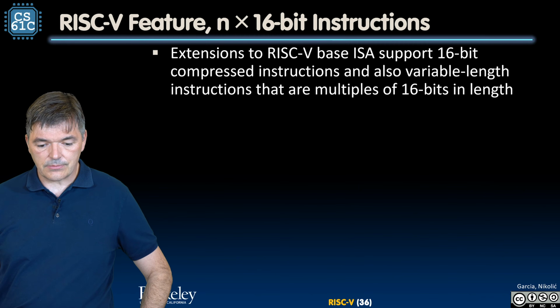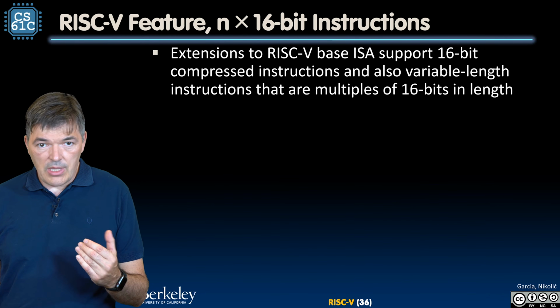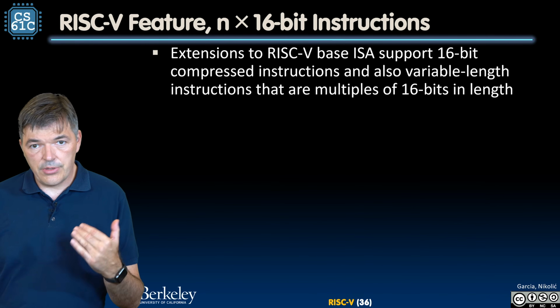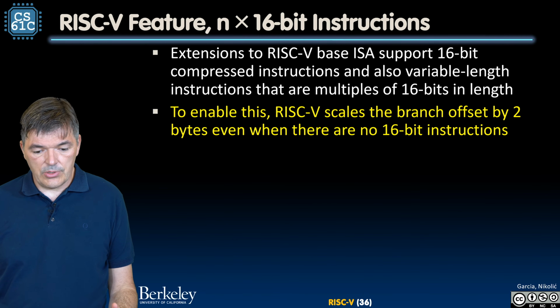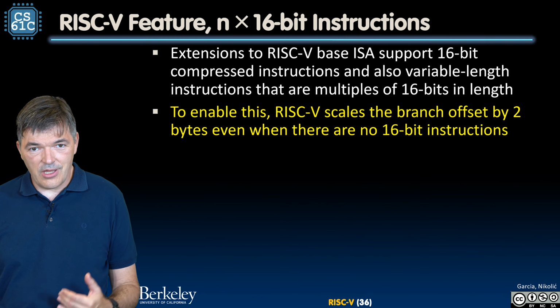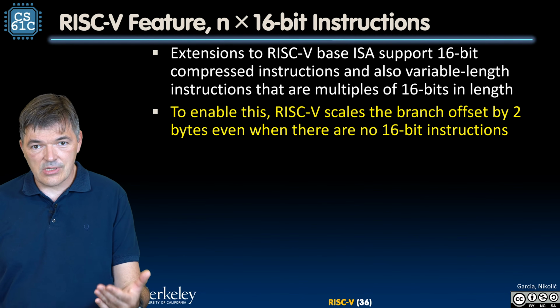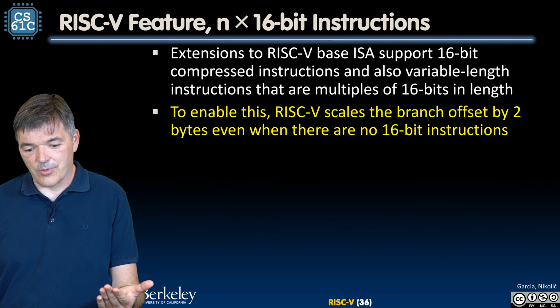Now, here is the catch. We may have code that has both 32-bit instructions and 16-bit instructions. So we need to be able to branch into 16-bit instructions that may be offset by 2 bytes from the start of the word.